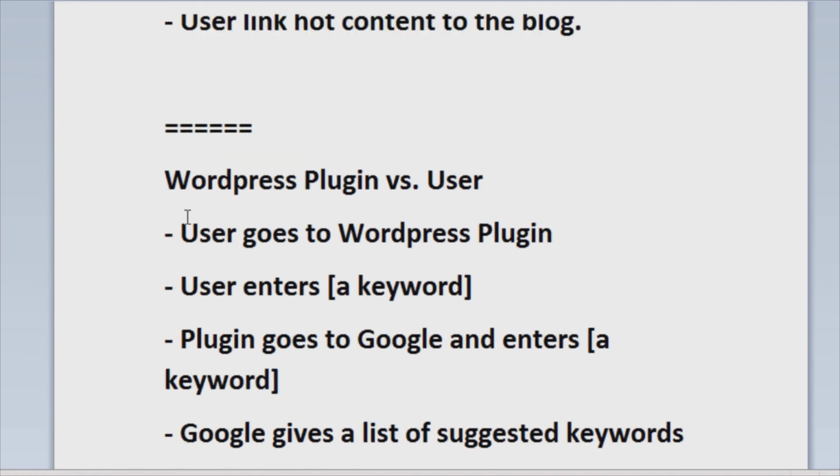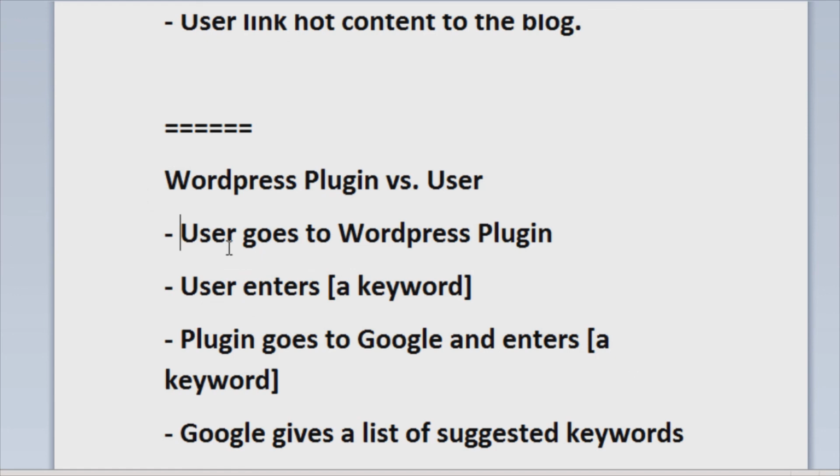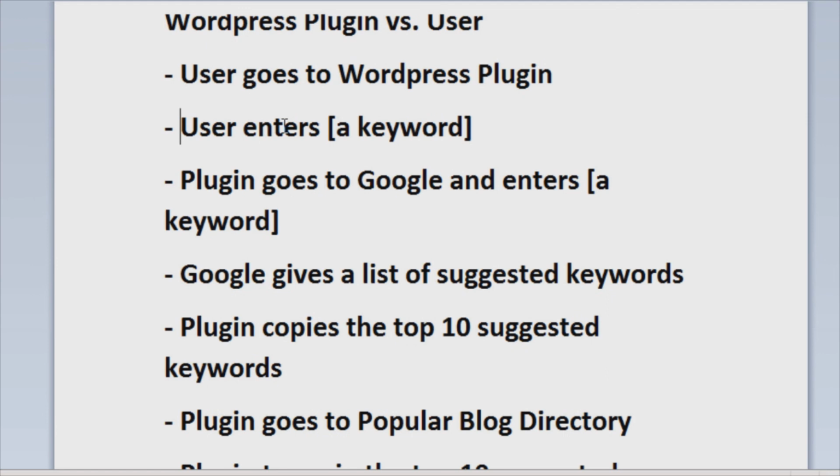Now, we could go further and we could do if and else statements. So we can go back here and say if the user goes, well, obviously the user is going to go to the plugin. So if we go down here, it says user enters keyword. We could say if the user enters a keyword, do this. Now, obviously, if the user does not enter a keyword, nothing happens. So we don't need that.